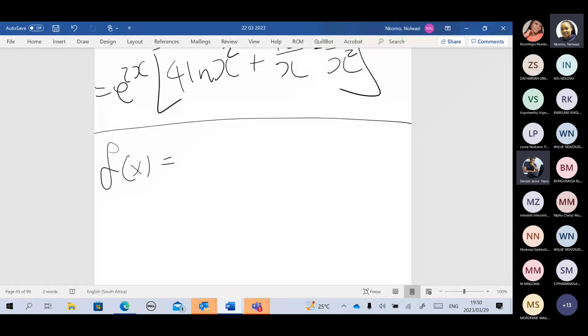Okay, in your spare time, please try this one. Number 1: e to the power 2x over ln x cubed.